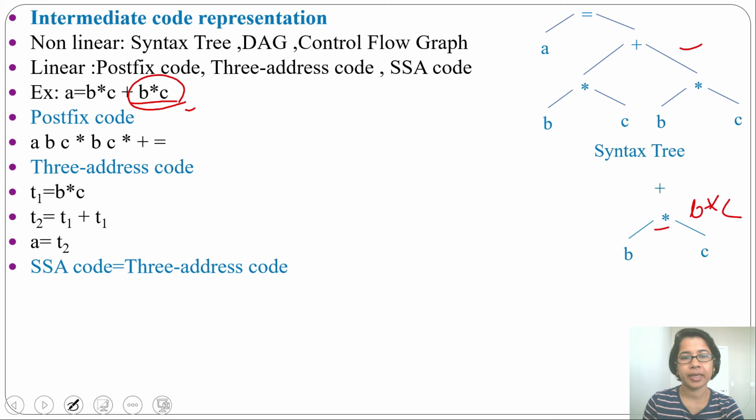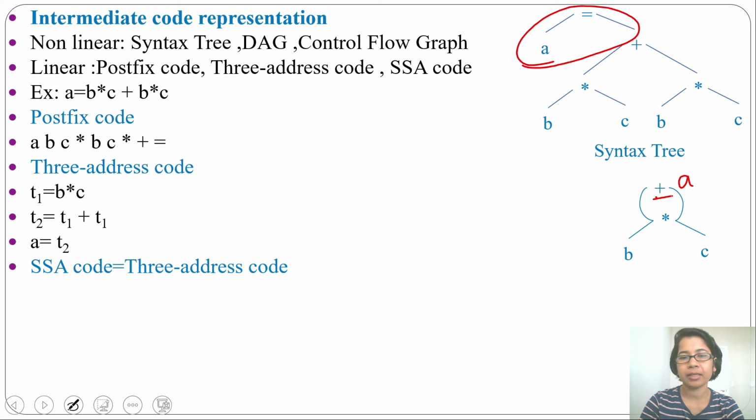For plus, the left child will be multiplication and the right child will also be the same multiplication. Now this plus node contains B * C + B * C. Next there is the assignment A = B * C + B * C. Here in the plus node you can just write A as a definition. We don't need to do all this. This plus stands for A. Now the DAG is constructed.